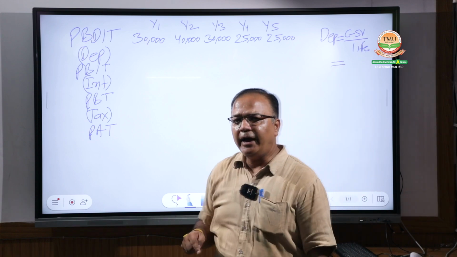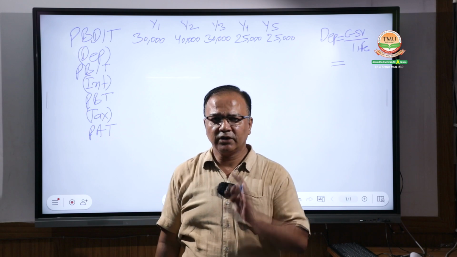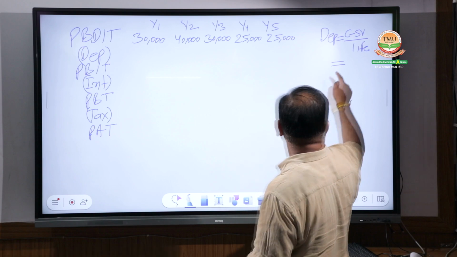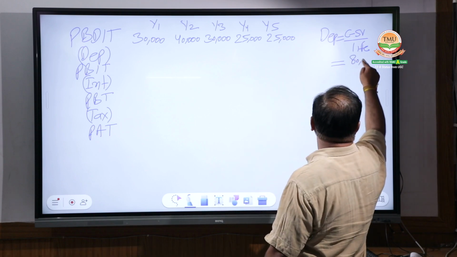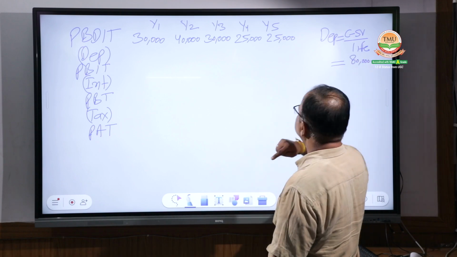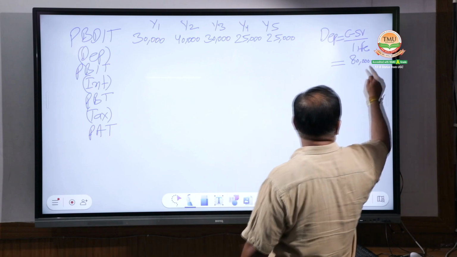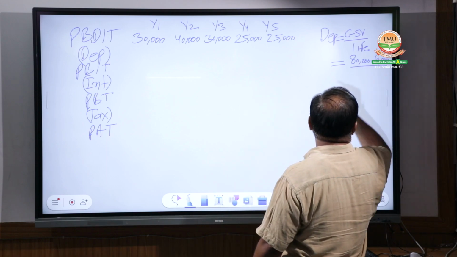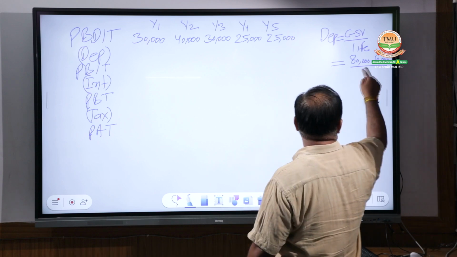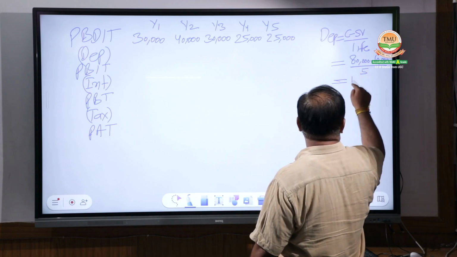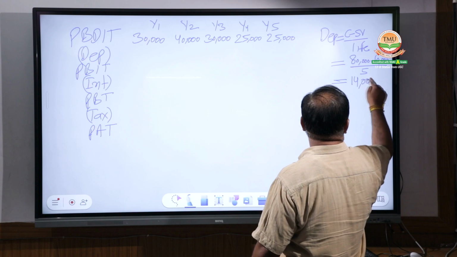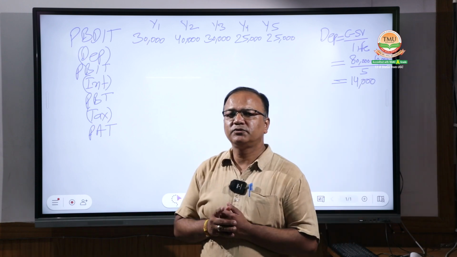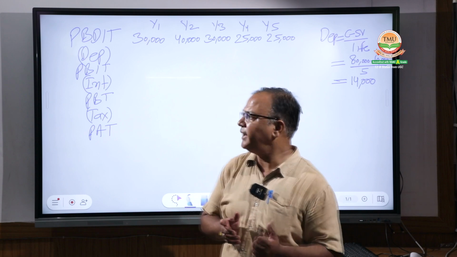Now, if you remember the question, the cost of the machine was rupees 80,000, minus scrap value of 10,000, divided by life. Life was 5 years. So depreciation was rupees 14,000 per year.